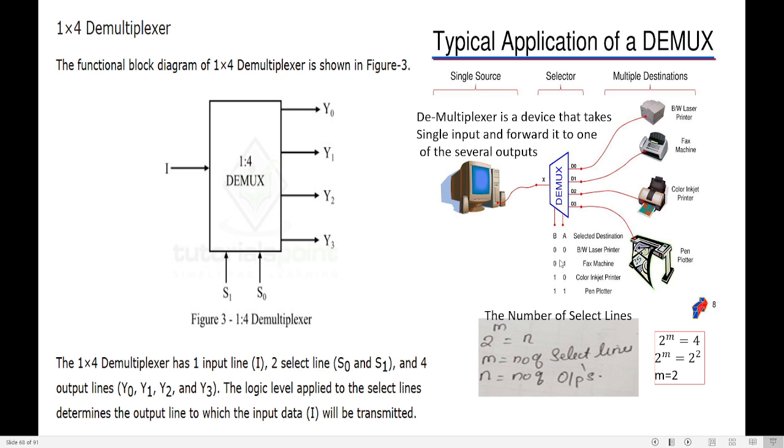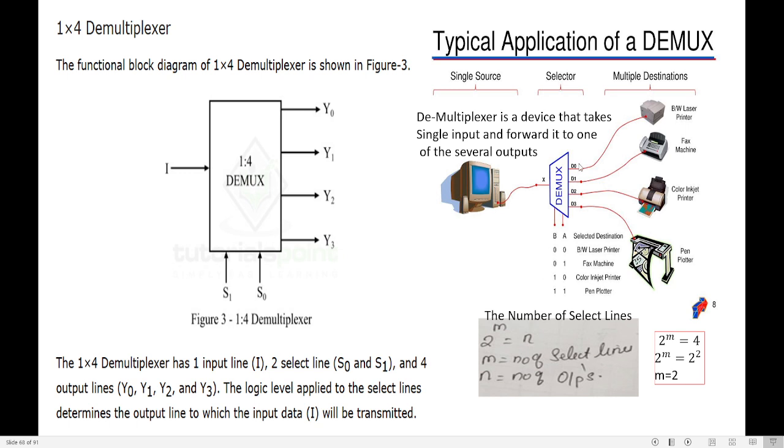This is decided by the selection lines. To which output it needs to forward that input is decided by the select lines. The number of select lines is decided by this formula: 2 power m is equal to n, where m is the number of select lines and n is the number of outputs.